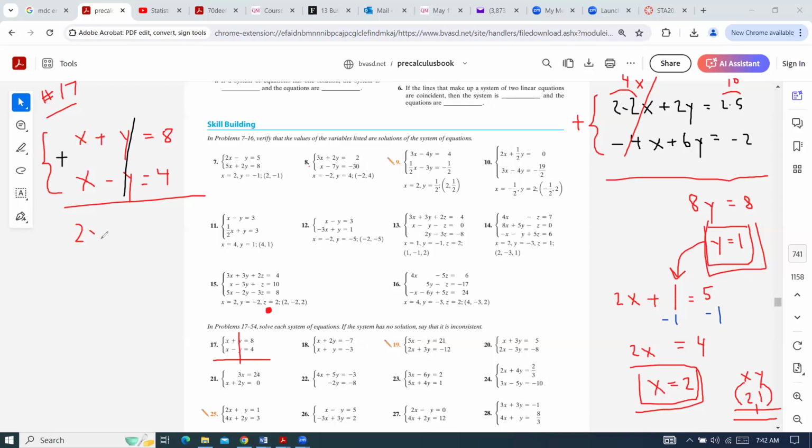So we end up with x plus x, or 2x on the left side, and 8 plus 4 will be equal to 12. So x is equal to 6, because 2 times 6 is 12. So we can quickly find one of these variables, such as x in this case.